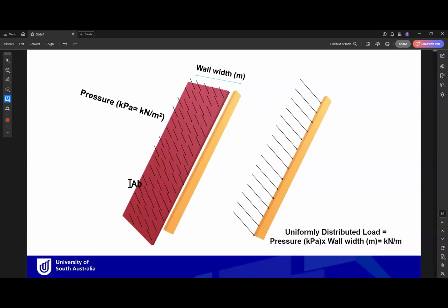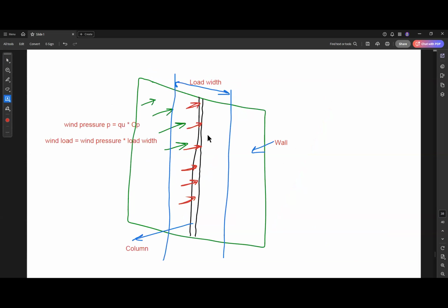If we look at this example here, for example, the beam is carrying the wind from the roof and the column is carrying the wind from the wall.